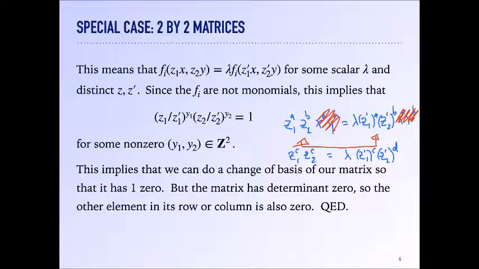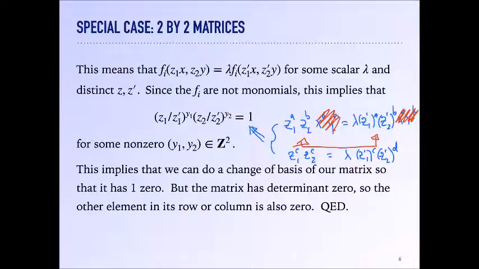And then by dividing these two equations, the lambdas will cancel, and you'll get that z1 over z1 prime to some power y1 times z2 over z2 prime to some power y2 is equal to 1 for some non-zero pair of integers y1, y2 in Z squared.